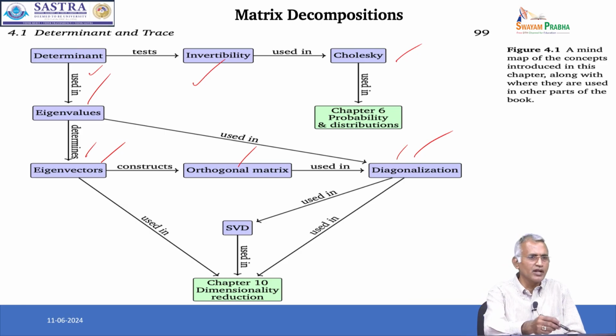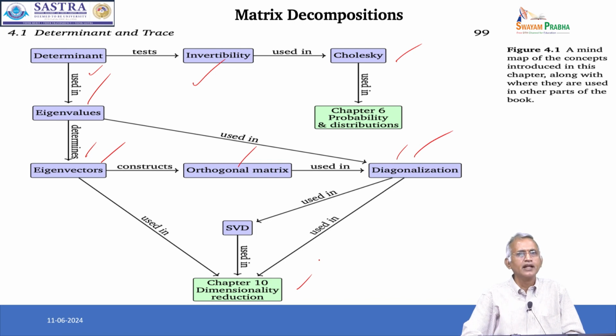After getting the eigenvalues and eigenvectors, we finally apply the dimensionality reduction. Once you have diagonalization, we can use the singular value decomposition, SVD, and if you know diagonalization, only then can we move to the dimensionality reduction. So, it is a tree for helping the matrix decomposition. This is most important for understanding the dimensionality reduction.